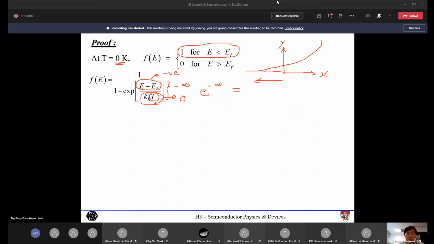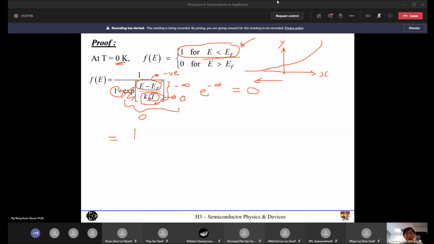So e to the power minus infinity tends to 0, which means this term is negligible. If this term disappears, what you're left with is 1. If you take the reciprocal of 1, you get a value of 1. That's how we get this.